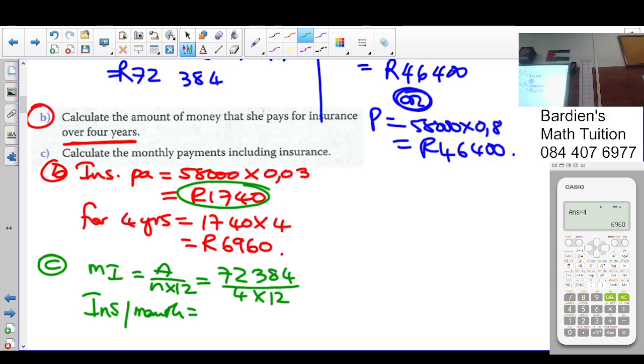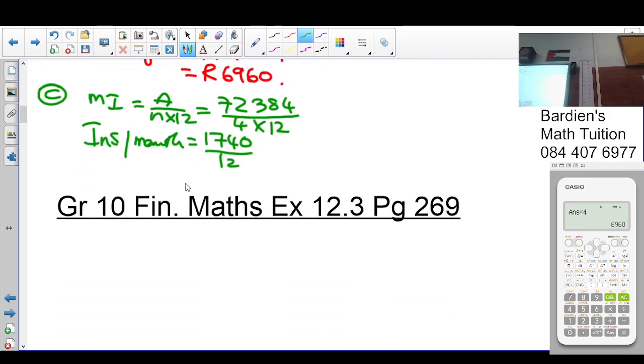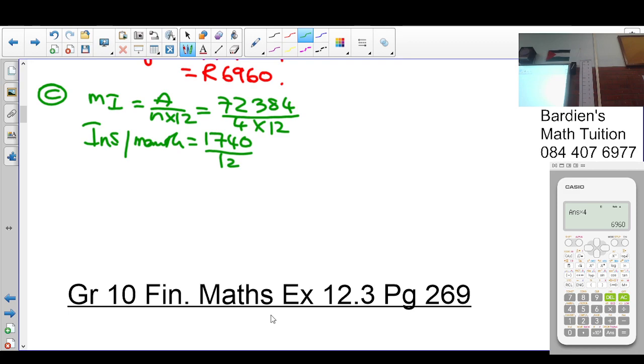How much is it for the month? 1,740, and then it's divided by 12. Can you see that, people? So in other words, what the person is paying in total is going to be the sum of these two values. Can you see that, people? Per month, we can say the total per month.